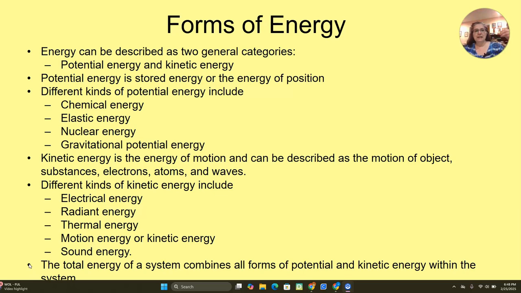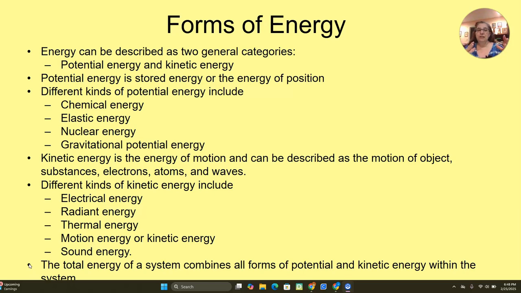So it's that whole idea of you do something to the object and then it wants to snap back as soon as what you're doing to hold it in that configuration, that arrangement, is done. It's going to take the energy that it had and create kinetic energy with it.